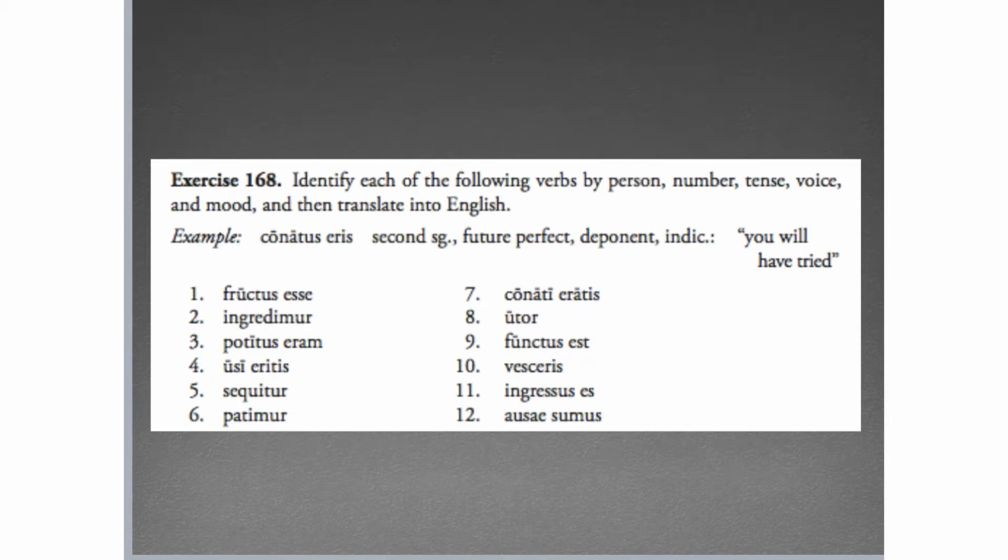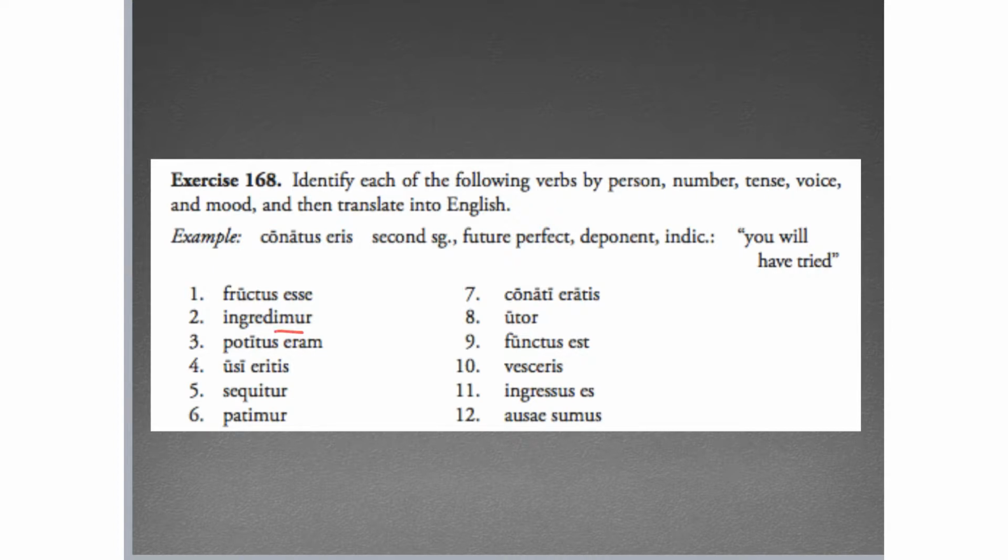All right, now we're just identifying verb forms in terms of person and number, and then you're translating them. And the trick here, of course, is that when you're dealing with a deponent, make sure that you're translating them in the active. So let's look at number 2.